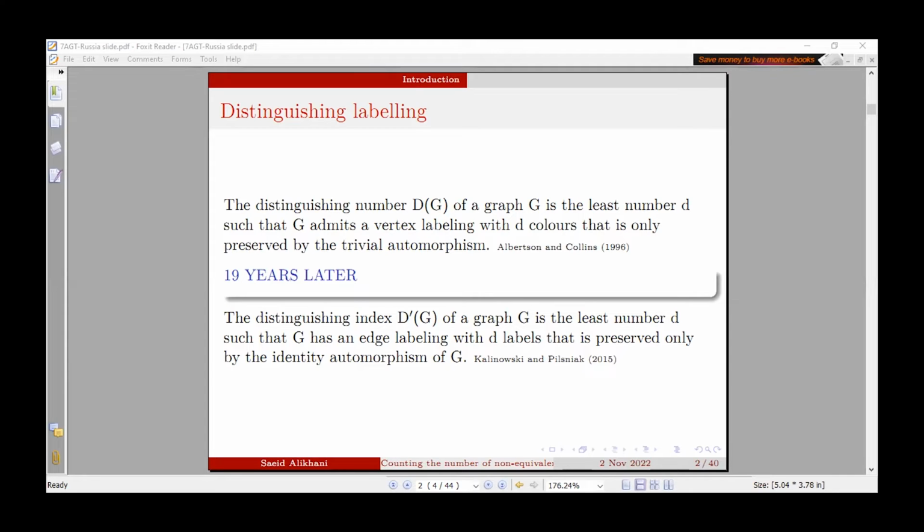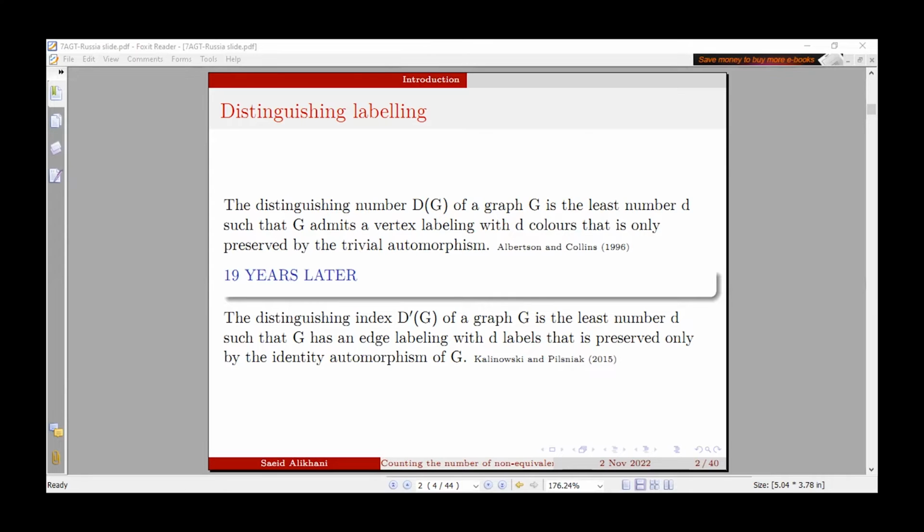Of course, it can be proper, but in this presentation, I consider just non-proper colorings. So I can use just color one for the others, to use the least number of colors. So by this coloring, I show that the distinguishing number of paths is equal to 2 for every n greater than or equal to, for example, 3 or 4.